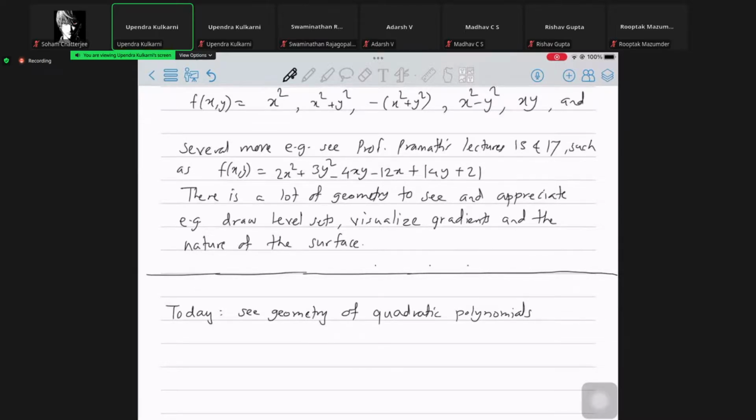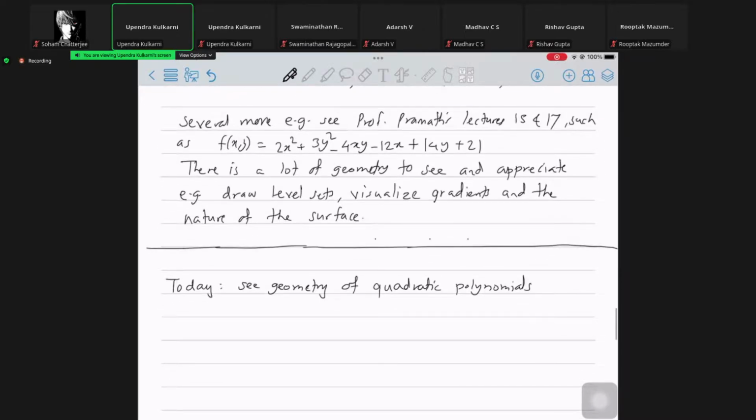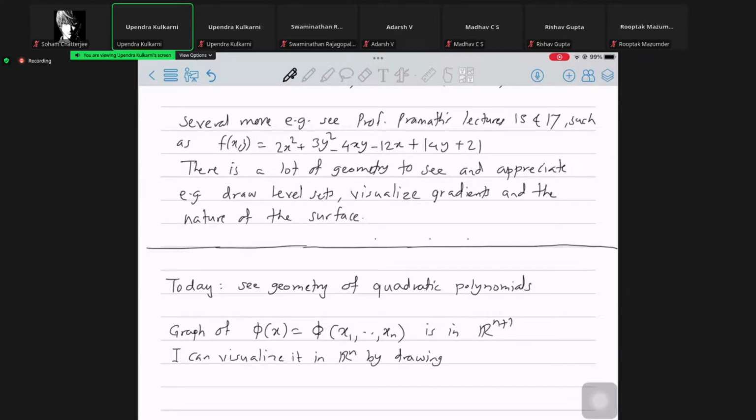Let us say I have this function of n variables, whose graph is in R^(n+1). I can visualize it in R^n by drawing contour diagrams, or we call them level sets.